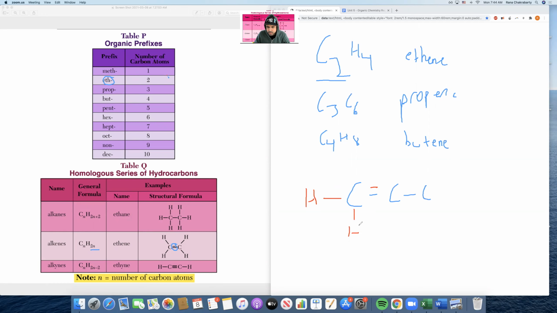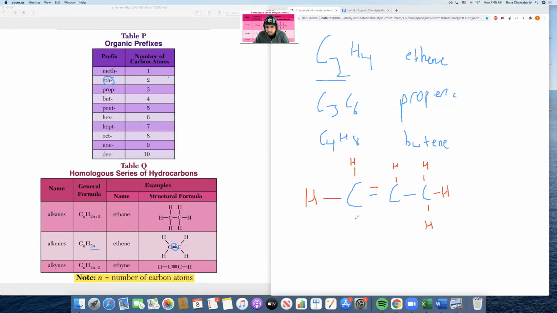So let's put it here. It doesn't matter for high school at least. But when you get to college, you do have to know the difference between cis and trans bonds. So if I put the hydrogen there, I could also put it on top if I felt like it. Actually, I'm going to put it on top because it just looks a lot better. It doesn't hurt my brain when I do that. So put it up here.